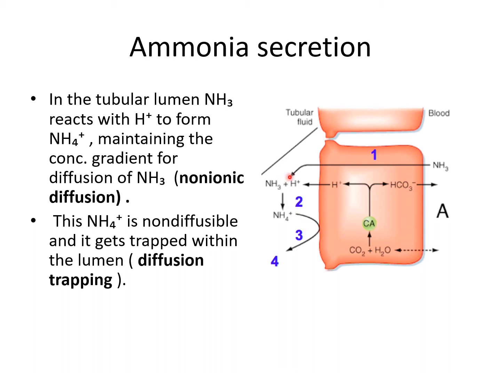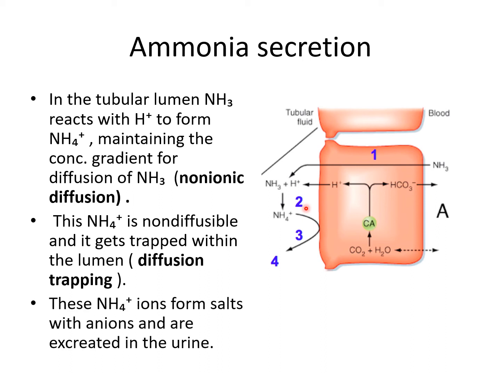So by this non-ionic diffusion and diffusion trapping, there is excretion of ammonia and binding with hydrogen ion, and there is further excretion of NH3 and binding of further hydrogen ion, and by this mechanism the ammonia buffer system removes hydrogen ions, and ultimately the NH4+ which has been trapped, which is called diffusion trapping, forms salt with anions and is excreted in the urine.